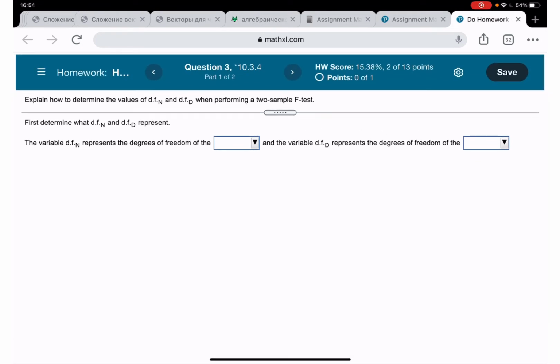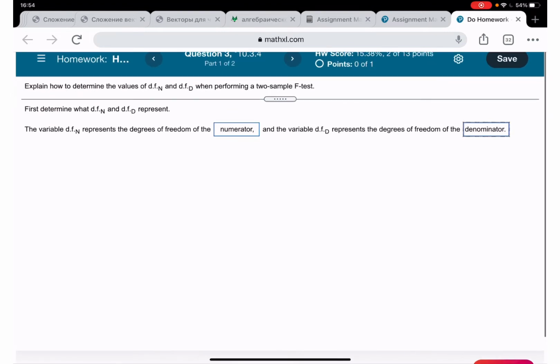Question number 3. Explain how to determine the value of degrees of freedom numerator and degrees of freedom denominator when performing a 2-sample F test. First, determine what they represent. The degrees of freedom numerator represents the degrees of freedom of the numerator, and the degrees of freedom denominator represents the degrees of freedom of the denominator.